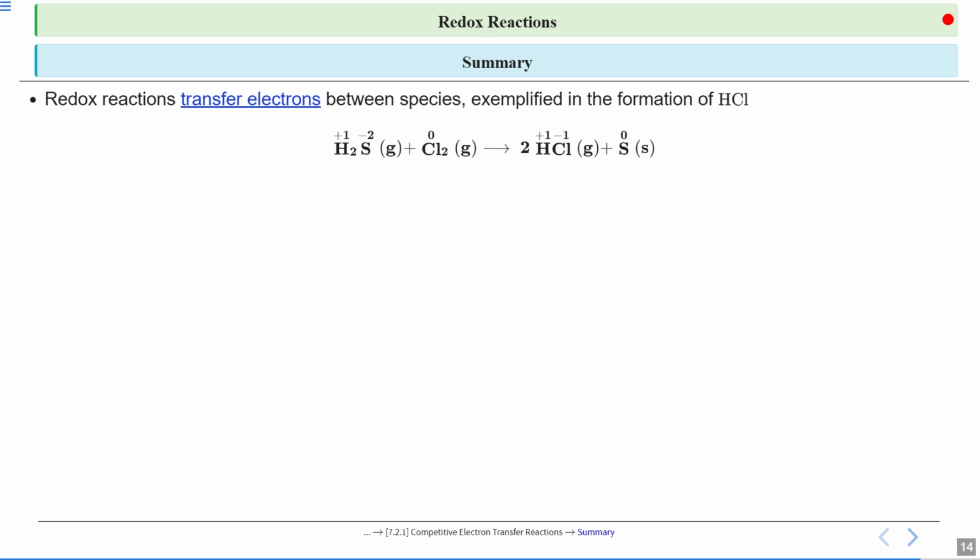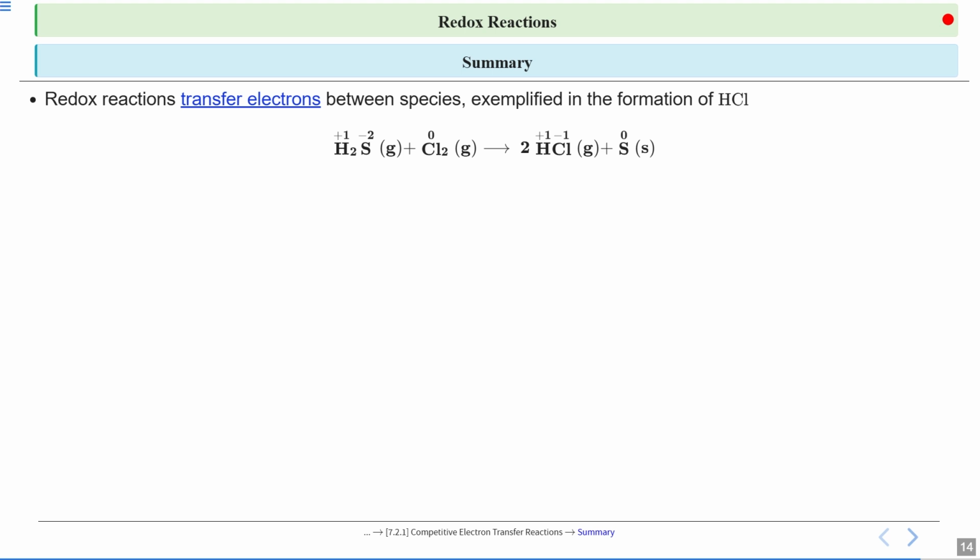While if we consider the oxidation numbers of hydrogen, sulfur and chlorine in both the reactant and the product, you will find that hydrogen has an oxidation number of +1 in the reactant and +1 in the product. Sulfur is -2 in the reactant and 0 in the product, that means the oxidation number has changed from -2 to 0. That means it has increased.